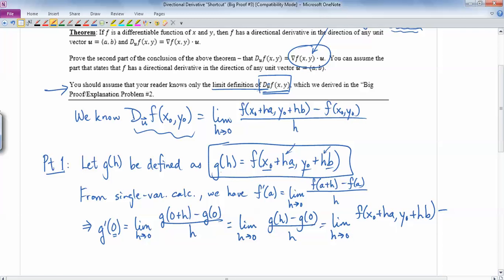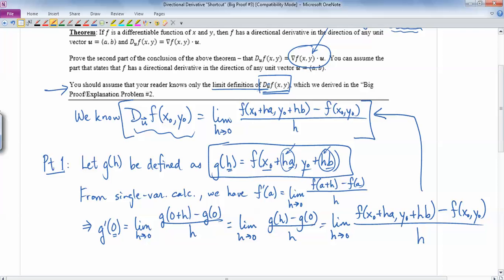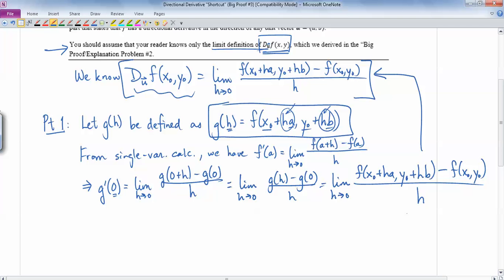Well, if I make h 0, then this turns into 0 and that turns into 0. So it's f of x naught, y naught all over h. And if you look back up here, that's the directional derivative. So this equals the directional derivative in the direction of u of f at x naught, y naught.